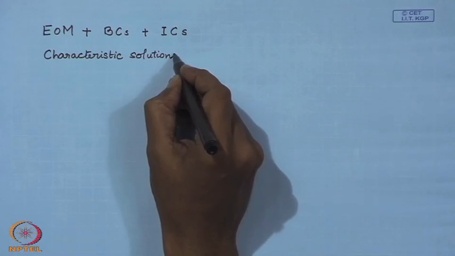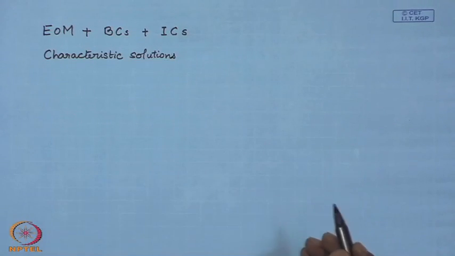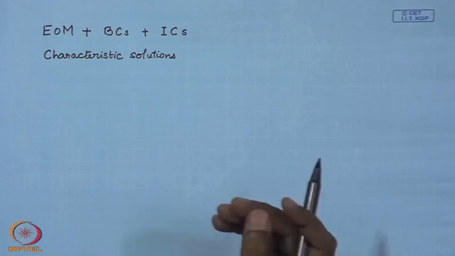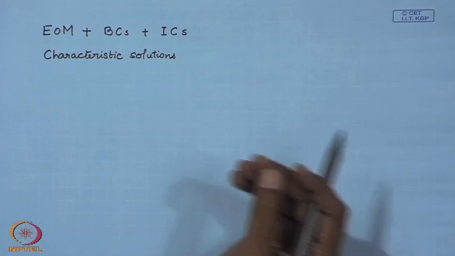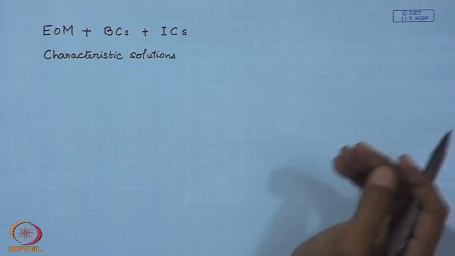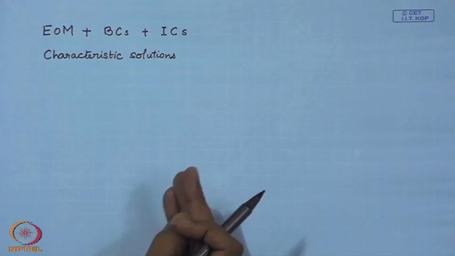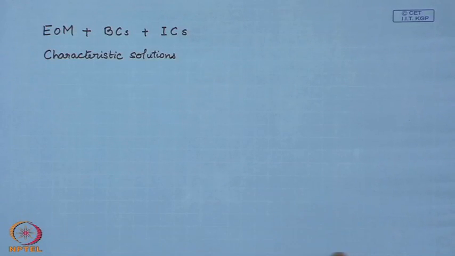By characteristic solutions, I mean things that will not change with change in initial conditions, or certain properties of the system that will not change with change in initial conditions. So, can we find such characteristic solutions?